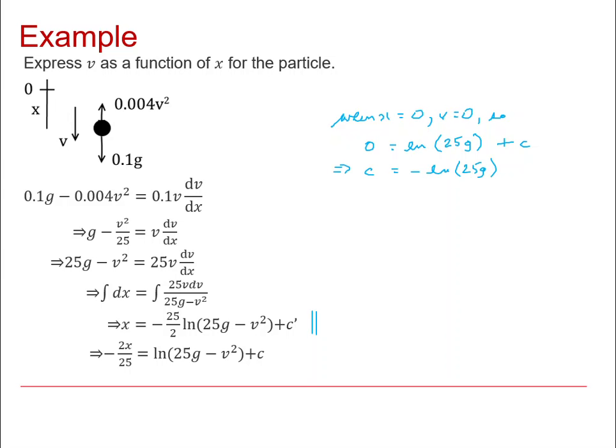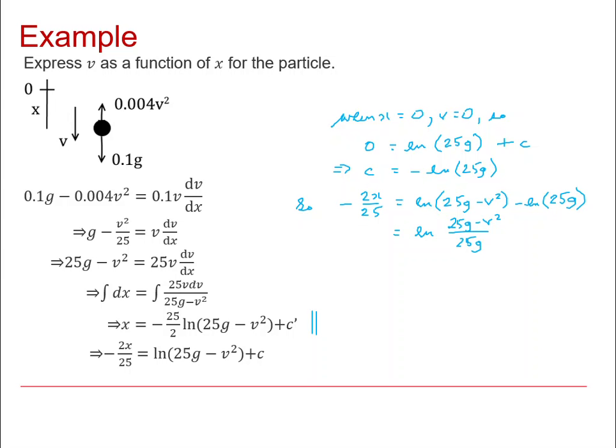So if we put that into the equation at the bottom, we'll have minus 2x over 25 is equal to log 25g minus v squared minus log 25g. Now, using the properties of logs, the difference of two logs is the log of the quotient. That's log of 25g minus v squared over 25g.